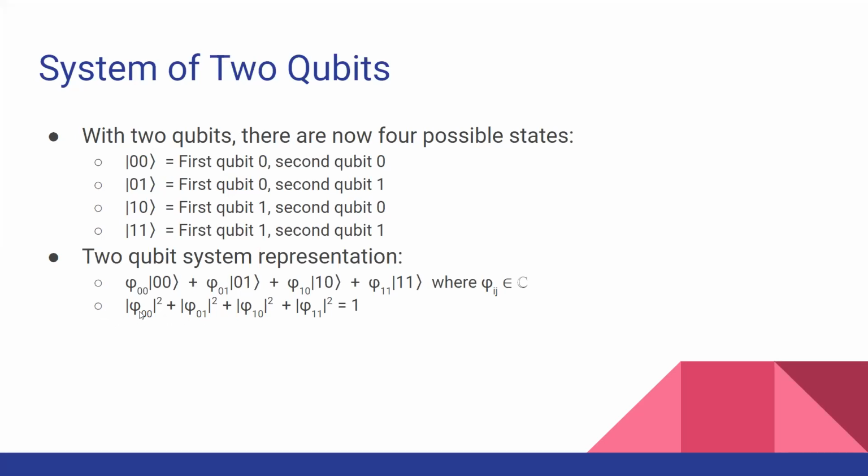And when we take the magnitude squared and add up the sum of all of those magnitude squareds of the probability amplitudes, we get 1. And that makes sense, right? When we measure it, only one of these states is going to reveal itself. So the probability of each of these states happening added up together will be 100%, right? It will be 1.